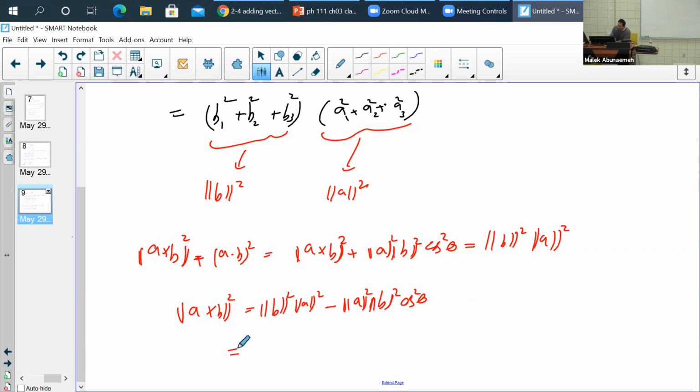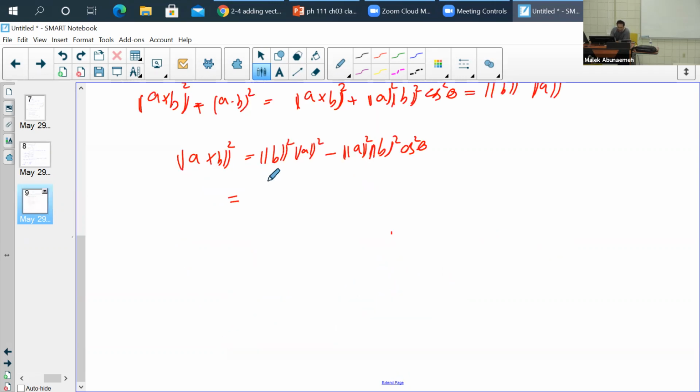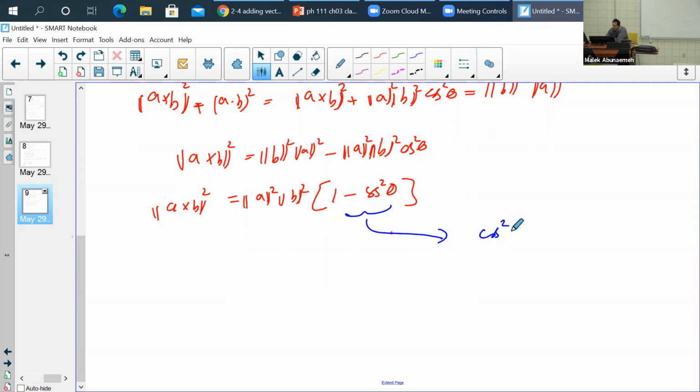If you take these as common, you have your A squared, B squared common, and this is 1 minus cosine squared theta. But if you remember from trig, cosine squared theta plus sine squared theta equals 1. So sine squared theta equals 1 minus cosine squared theta, which is all we have.